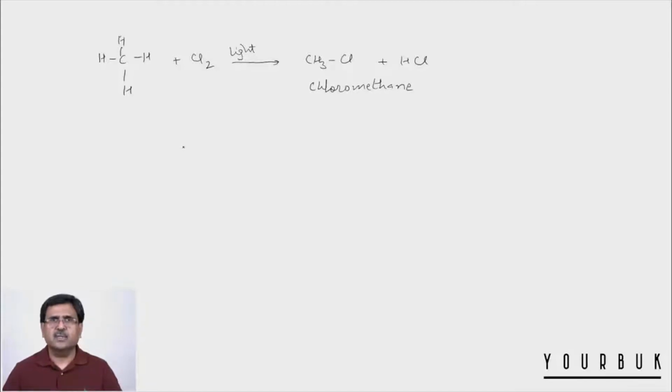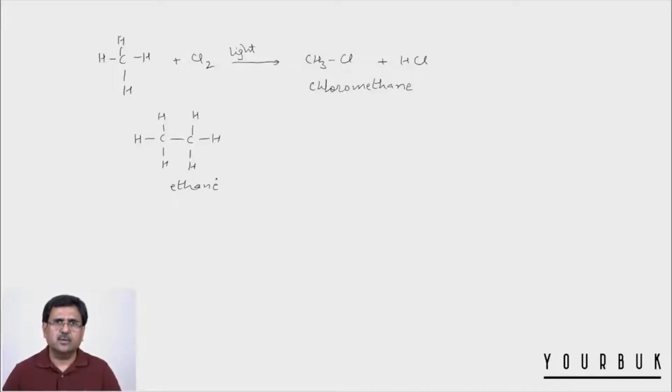Now we take the second example, that is called ethane. Now in ethane, you have 6 hydrogens present, but if you see the structure, all 6 hydrogens are chemically the same, they are chemically equivalent.